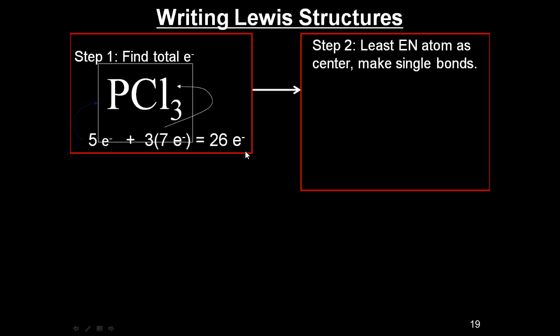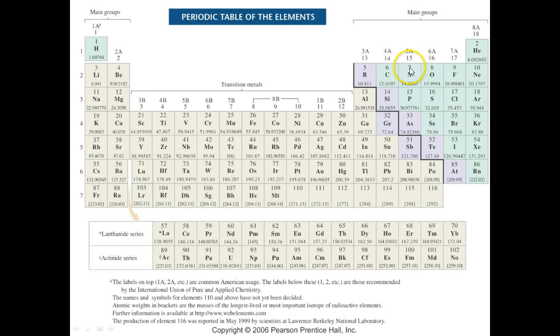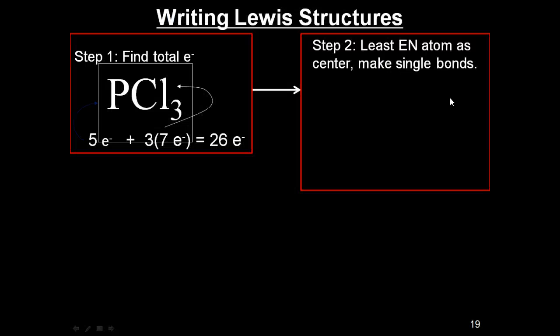Next step is put the least electronegative atom in the center and make a single bond to it. Looking back at the periodic table, we see that phosphorus is here, chlorine is over here. Remember, electronegativity goes up to the upper right hand side, so it increases like this. And so phosphorus should be less electronegative than chlorine.